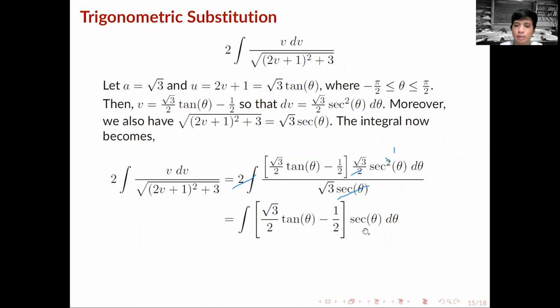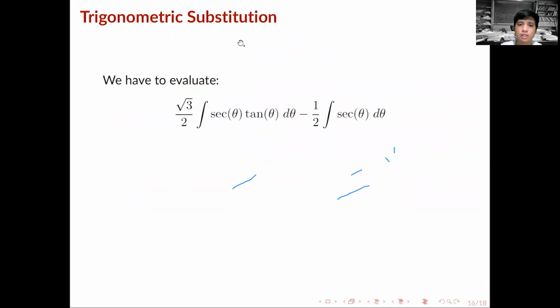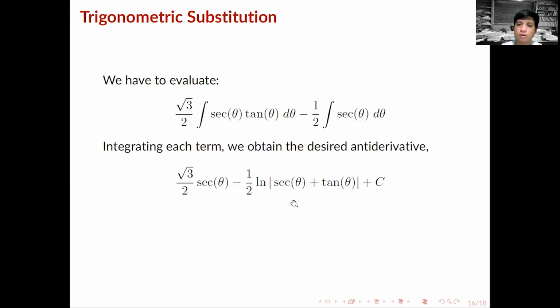Next step is we will distribute secant theta to obtain this integral. This one is fairly easy because we know that the integral of secant theta tangent theta is just secant theta, and the integral of secant theta is natural log of secant theta plus tangent theta.